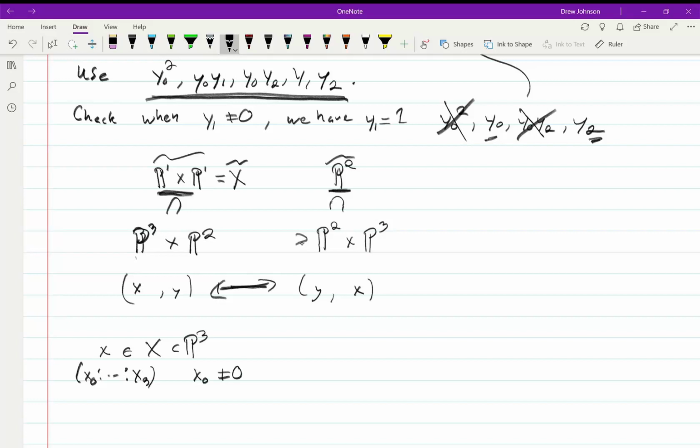Okay, so this implies that x is in X minus the vanishing of x0, x1, x2, right? Because x0 does not vanish, so it's not in this vanishing. And this thing here is considered as an open subset of X tilde, right? We know that because that's the construction of the blow-up.